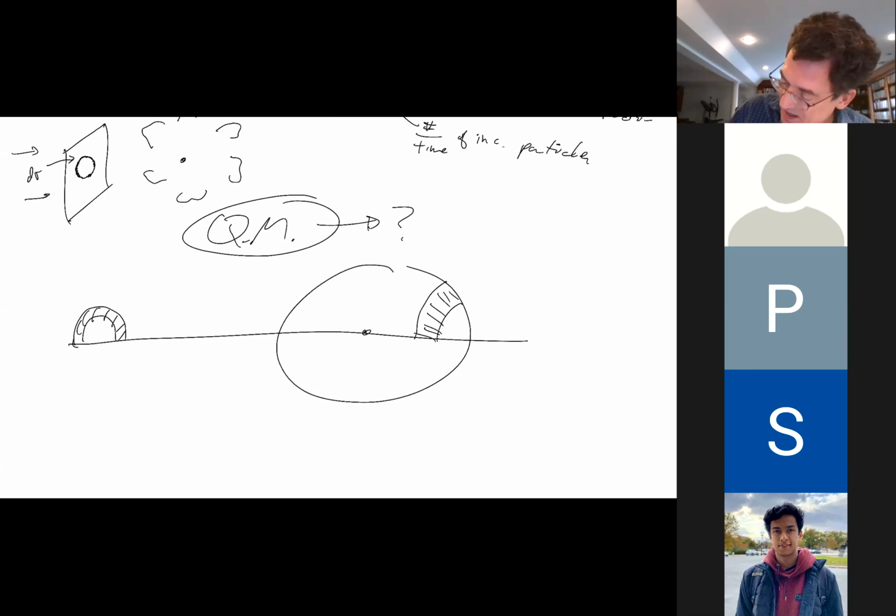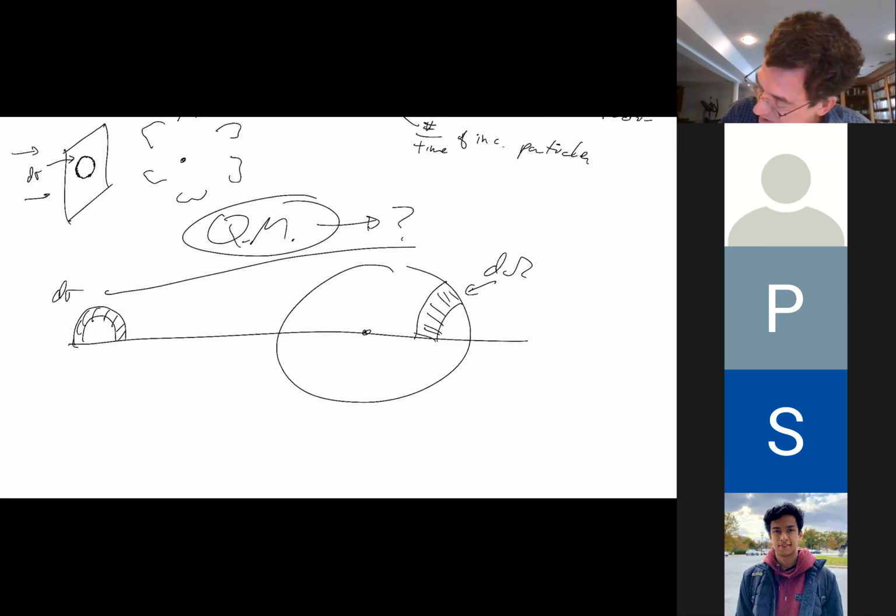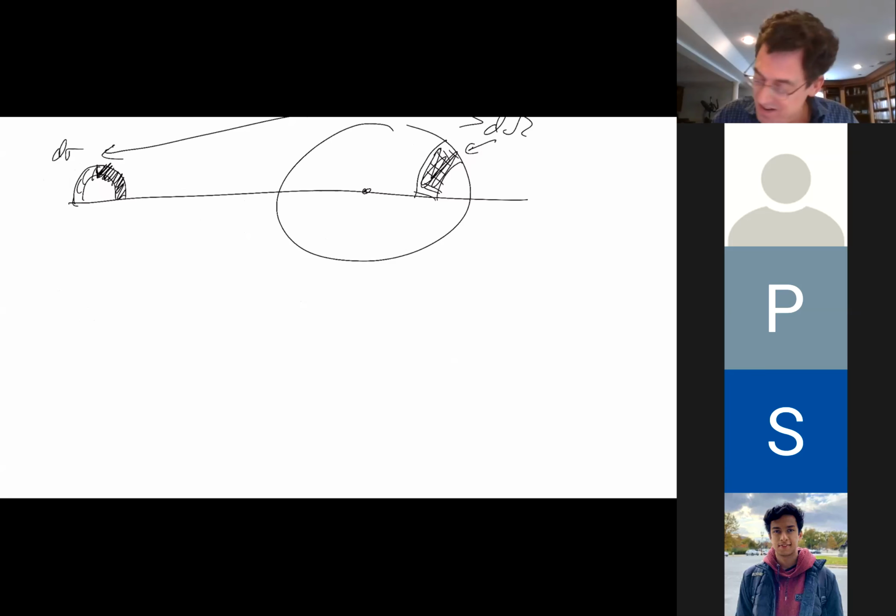See what I'm saying? There's always going to be a relationship. However I define d sigma, there's always going to be a relationship between d sigma and d omega. On the other hand, if I only did this quarter, then it would only be one quarter. There's a relationship. Yeah.